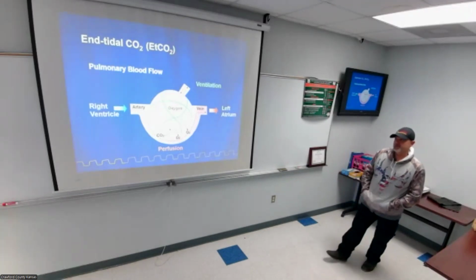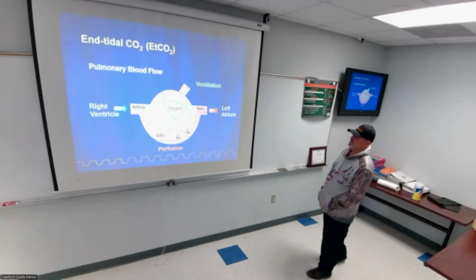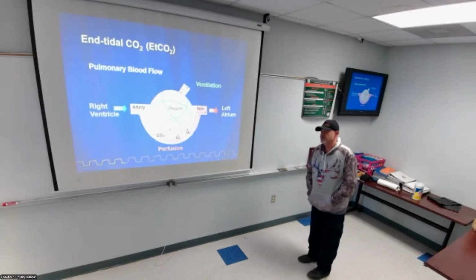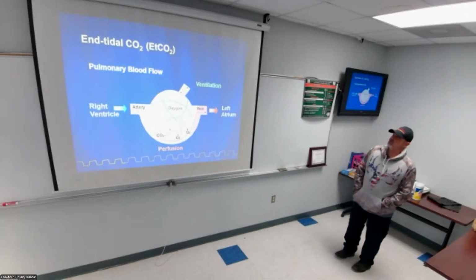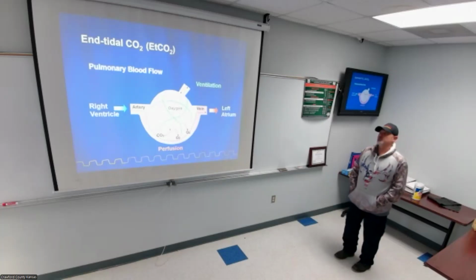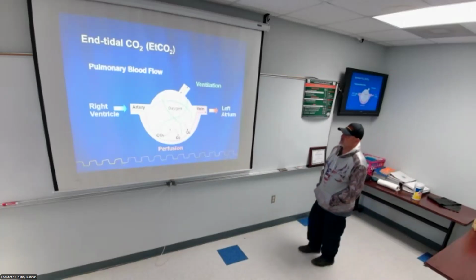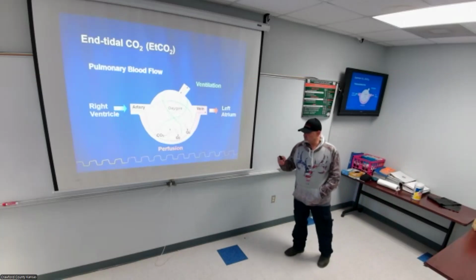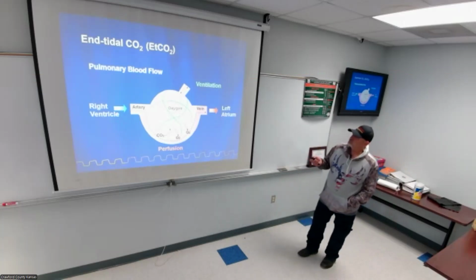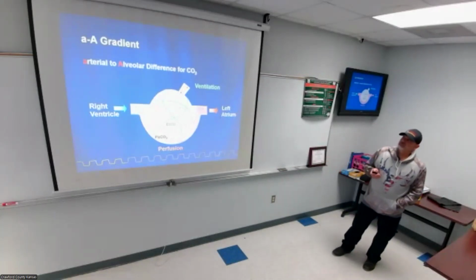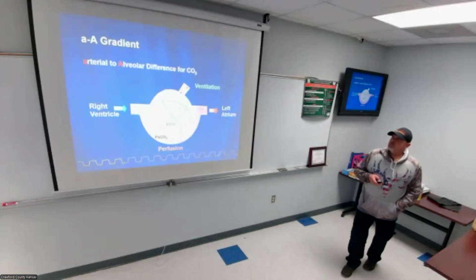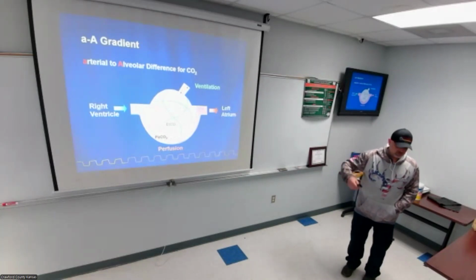Pulmonary blood flow, I mean, this is just kind of coming in from the right ventricle. You're going to go through your oxygenation. CO2 will come out. Oxygen goes back into your system, goes out your pulmonary vein into your left atrium. Did anybody tell me what the gradient does?